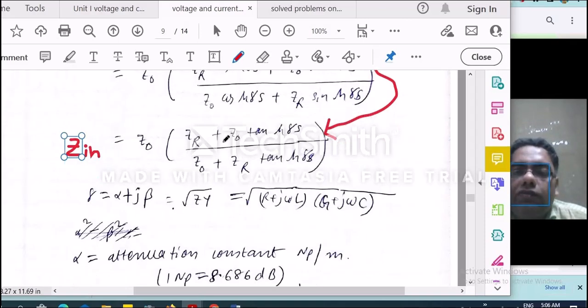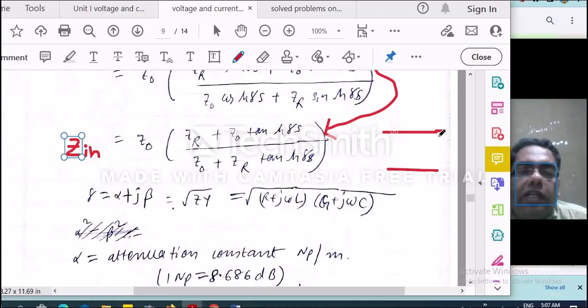Now let us consider some special cases. We know that ZR is any load. If the line is open circuited, ZR is infinite.